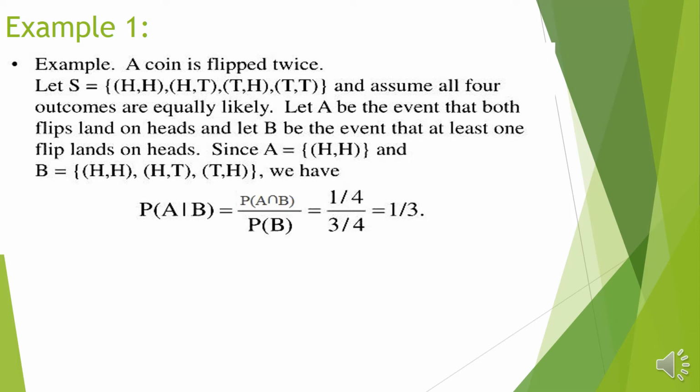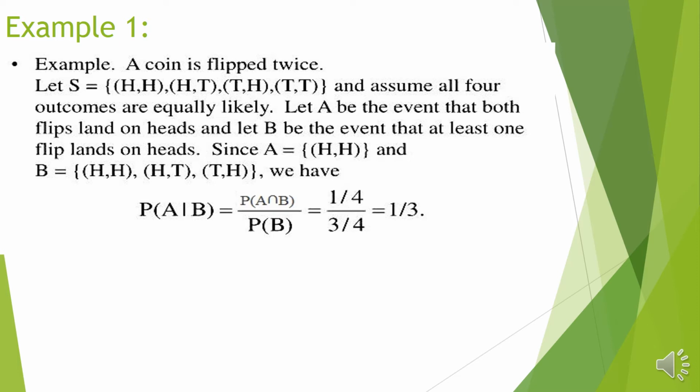Let A be the event that both flips land on heads and B the event that at least one flip lands on heads. Let's suppose event A is that both are heads, we got 2 heads, while B is what? The event B, at least one head.